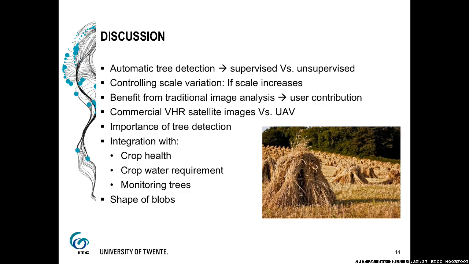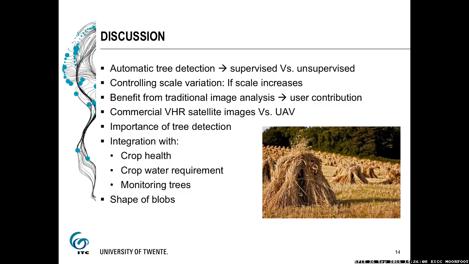And the benefit of this work over traditional image analysis is that we have less user contribution, which is also the key contribution of this work. And this method was also applied on very high resolution satellite images like WorldView-2. Nowadays UAVs are much more of interest, and you can also apply it on other kinds of images.